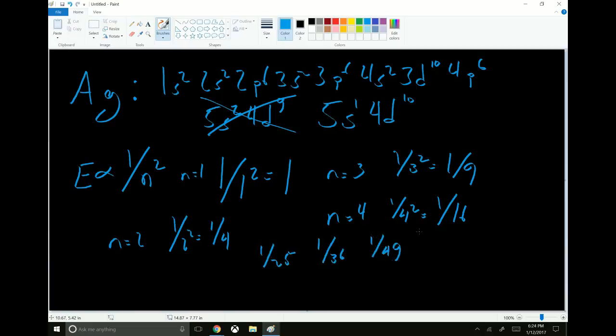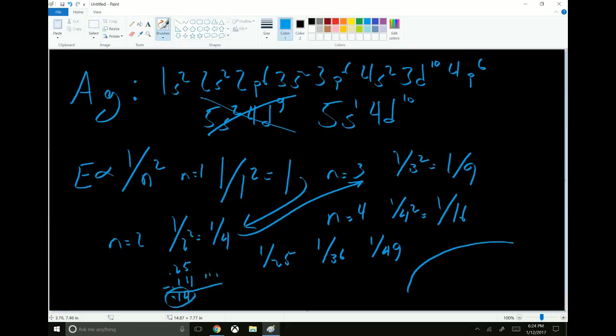We're looking at smaller and smaller fractions. Okay. So they're getting closer and closer together. Okay. The difference from here to here is 0.75. Then from 2 to 3, it's 0.25 minus 0.11111, so 0.14-ish.